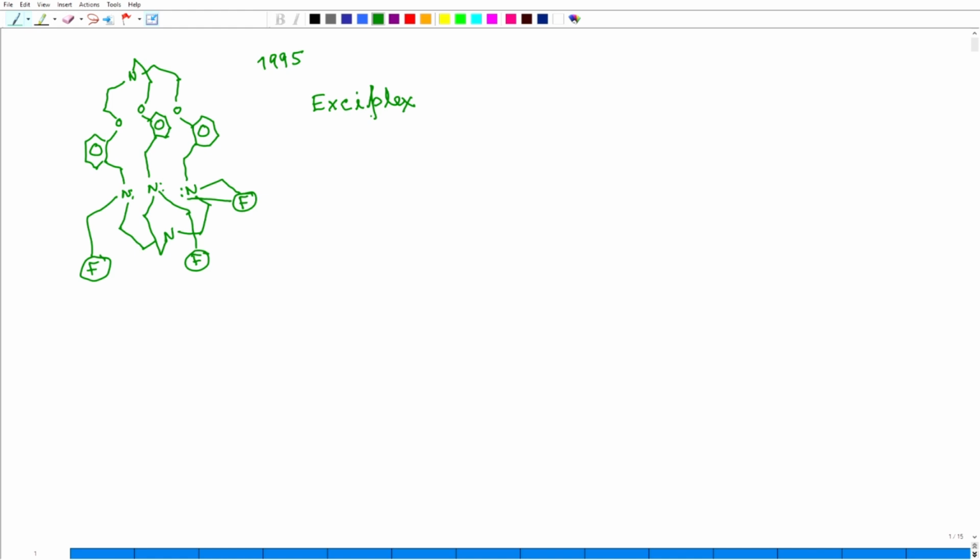That means an exciplex comes like this. So, when there is no metal present and I excite my fluorophore, my emission, that is called monomer emission. The emission that I am talking about since yesterday, that is called monomer emission. Monomer emission is quenched. Why? Because of PET. So, it is quenched.